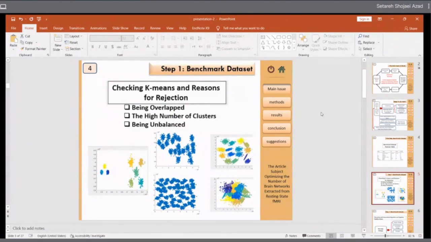The reasons are k-means works worse if there is overlap, and the more clusters, the worse the algorithm works, and there is a linear dependence between them. Increasing the dimension doesn't affect the k-means performance, but this algorithm does not work well if the data is not balanced.